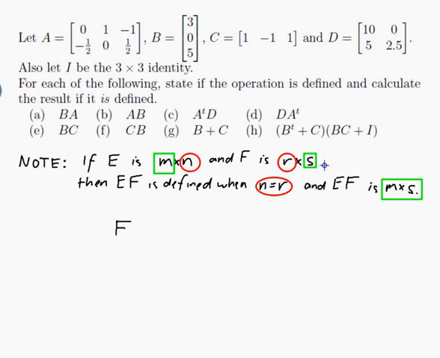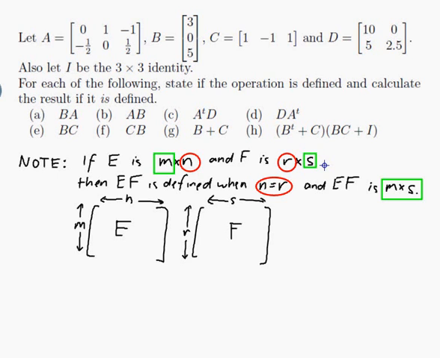So, E is an M by N matrix, so M is the number of rows and N is the number of columns, and F is an R by S matrix, and R actually has to be the same as N, and the answer comes out to the matrix EF, which is M by S. Okay, so that's matrix multiplication.